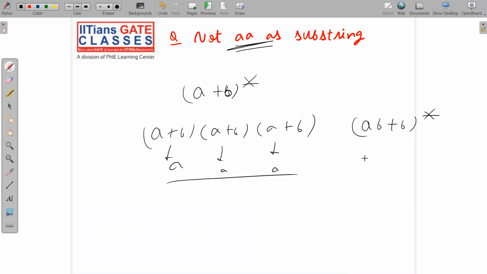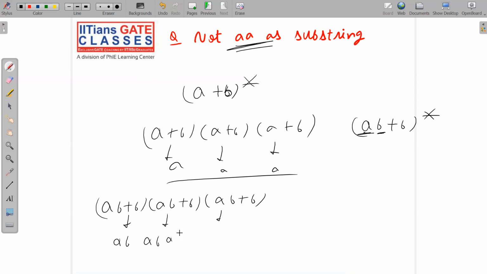What does this mean? Whenever you pick A, B will come on the right hand side, so you won't get double A. If you take AB plus B, AB plus B, AB plus B, from here you take AB, from here AB, from here AB. Whenever you get A, B will come to the right.